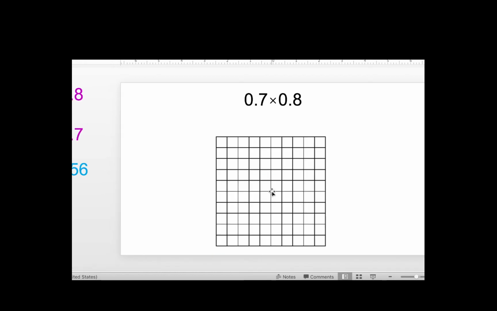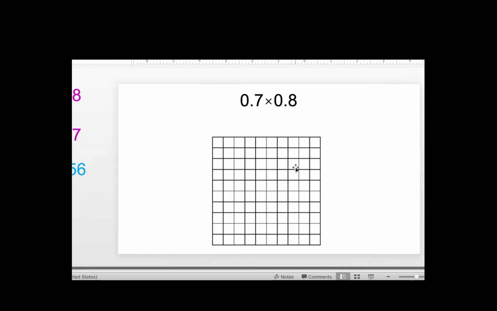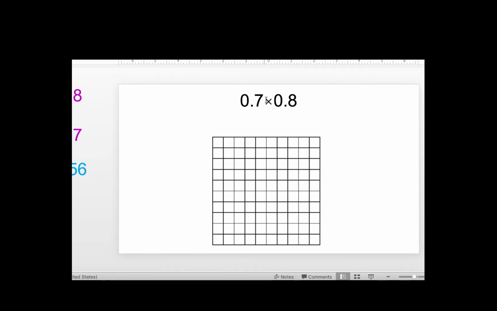Okay, so for example, this problem here, we are going to be multiplying 0.7 times 0.8. So if I take my 0.7, I'm going to put that on one side. That means I'm going to have 7 rods. And this means I'm going to have 8 rods.